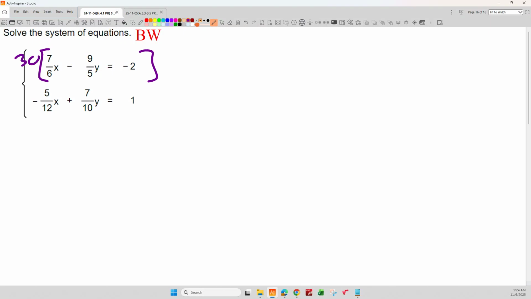So I'm going to multiply the top one by 30. What's that going to give me in the top? 30 over 6 reduces to 5 times 7, 35x. 30 over 5 reduces to 6 times 9. Okay.